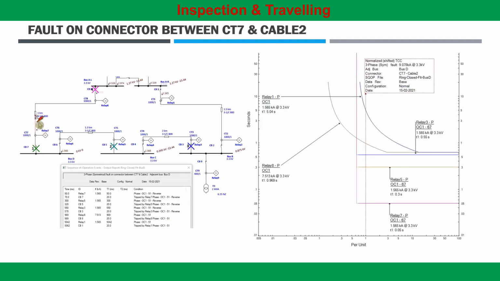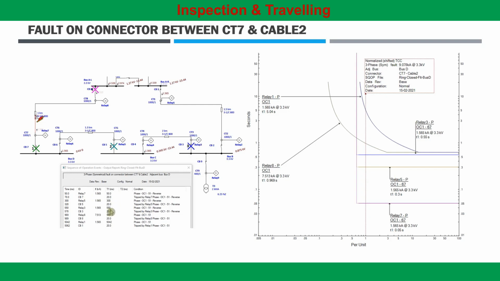Now consider a fault on connector between CT7 and cable 2. So for this fault location, the relay which is closest to the fault will operate first, which is relay 7 in this case, which operates in 50 millisecond. Then as a backup, relay 5 operates in 300 millisecond.